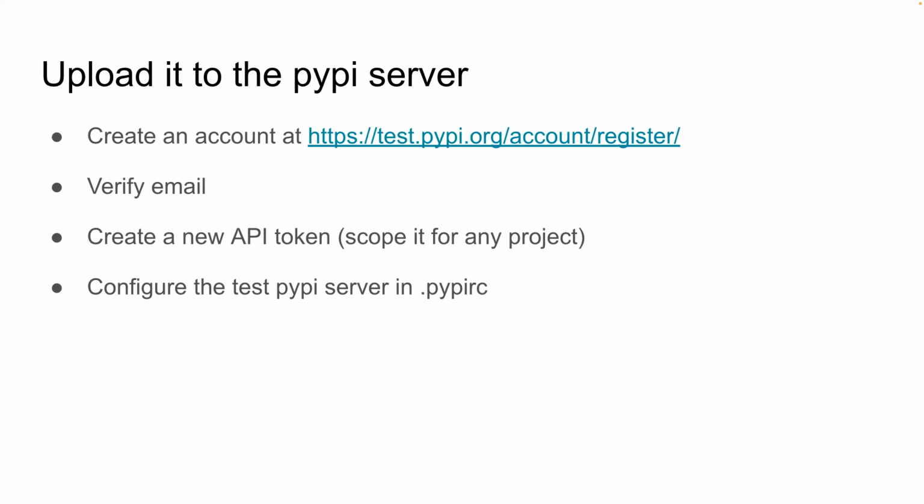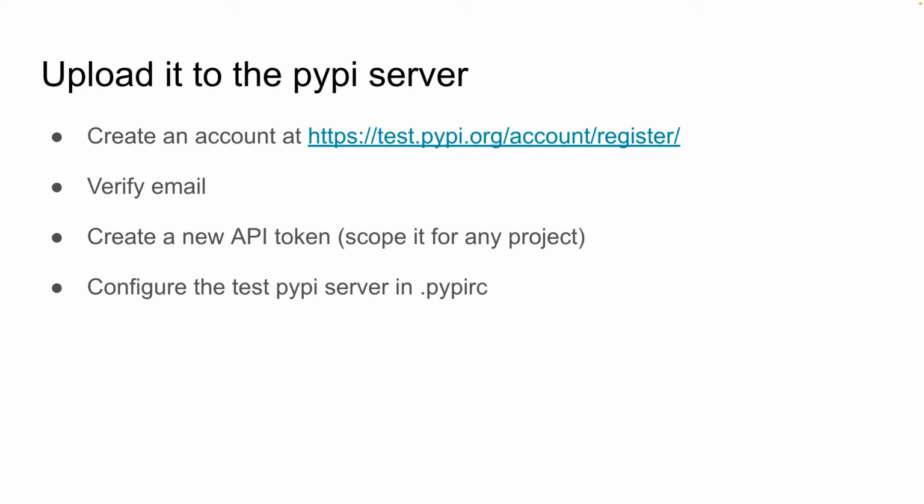It's not the same account. It will ask you to verify your email the first time you use it. And then it's usually better to also create an API token for uploading your package. An API token is going to ask you the scope of your token, and you can just tell it to scope it to all the future projects that you create.